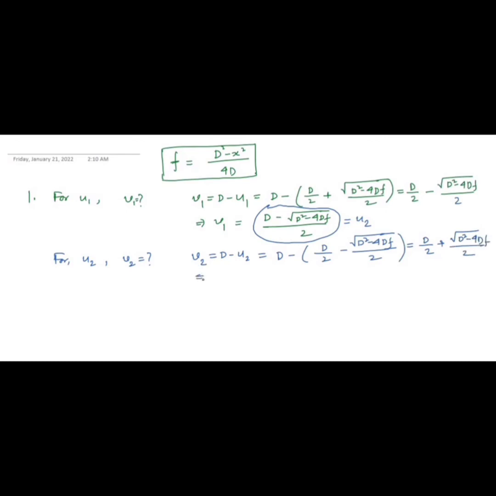What is this? This is the value of u1. So if the object distance is u1, then the image distance is u2, and if the object distance is u2, then the image distance is u1. So we can conclude that the positions are interchangeable.